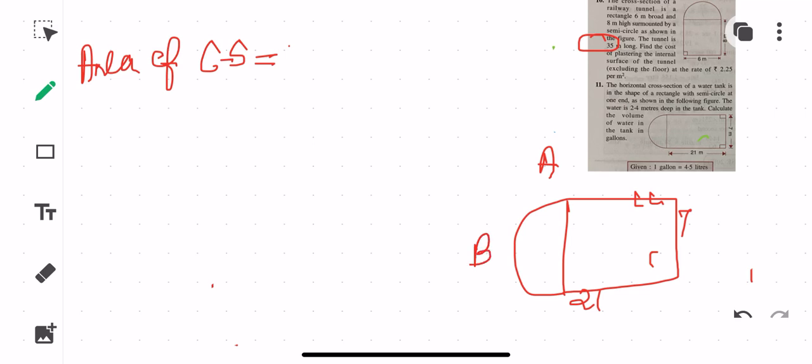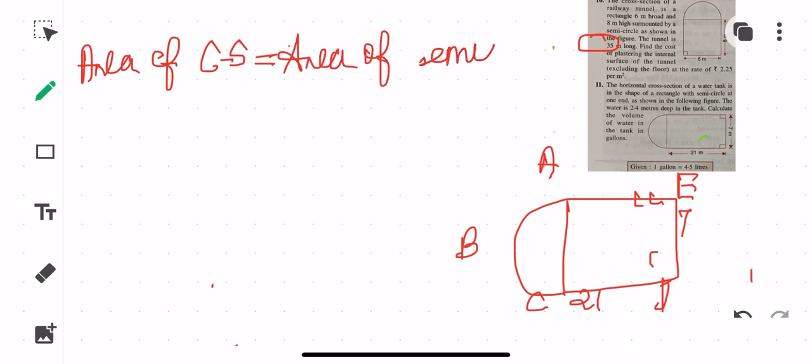You can just write this as A, B, C, D and E. So write down area of semicircle ABC plus area of ACDE. Area, in the bracket write down ACDE.